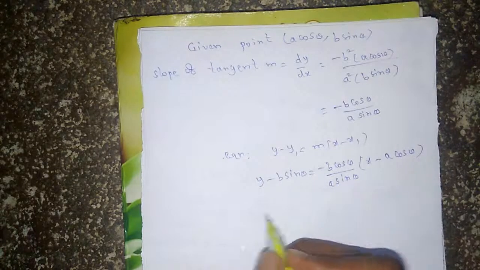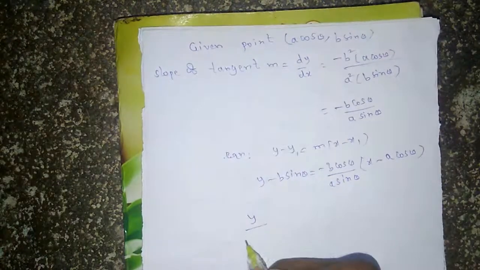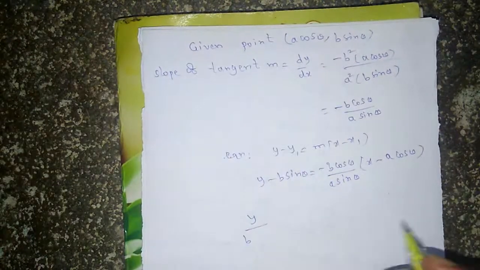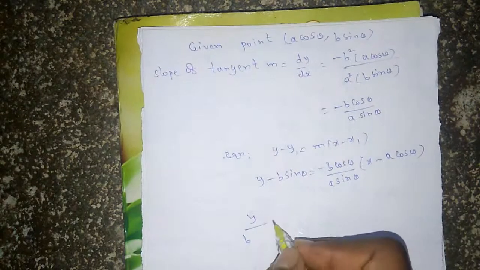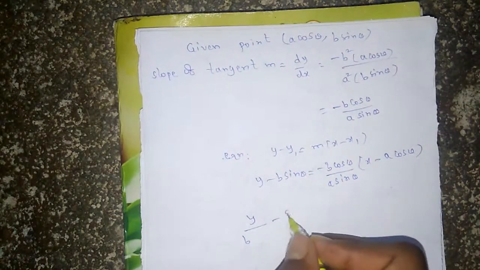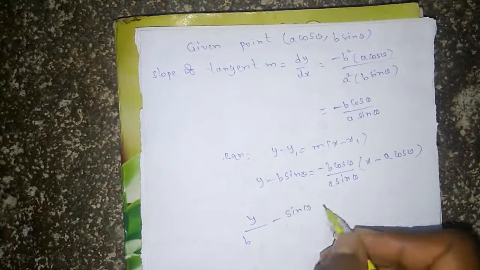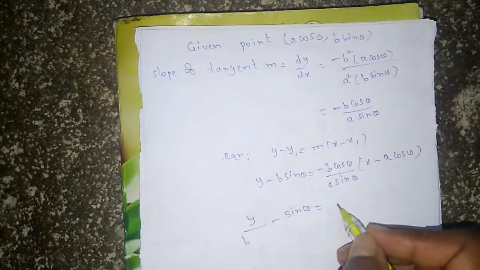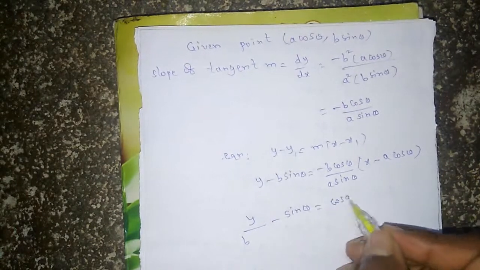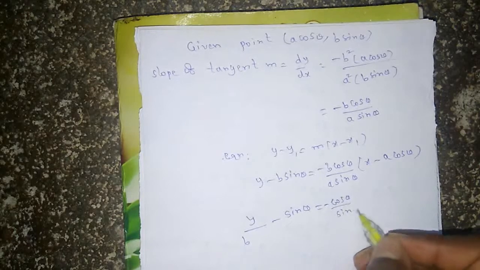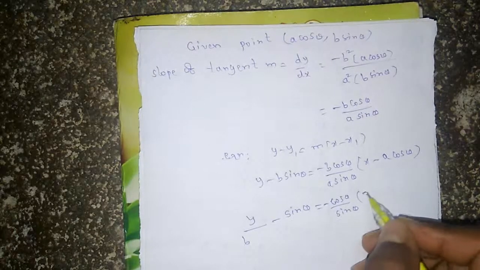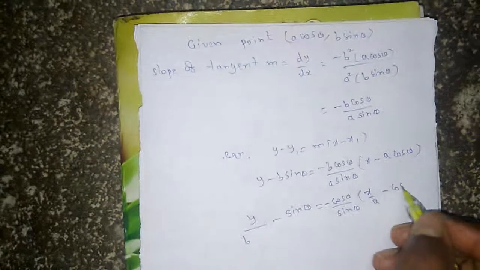So divide by b cos theta. Divide by b first, that is minus sin theta, here this is minus cos theta by sin theta. So divide by a here, x by a minus a cos theta.